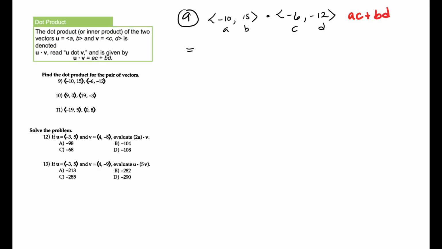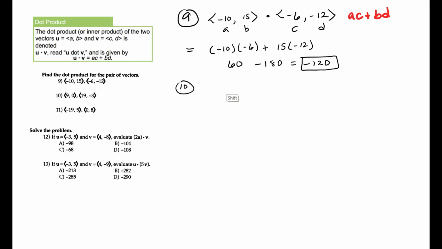So that is going to be negative 10 times negative 6 plus 15 by negative 12. The first gives us a positive 60, and 15 times negative 12 gives us negative 180. Then 60 minus 180 gives you negative 120 for the first dot product.